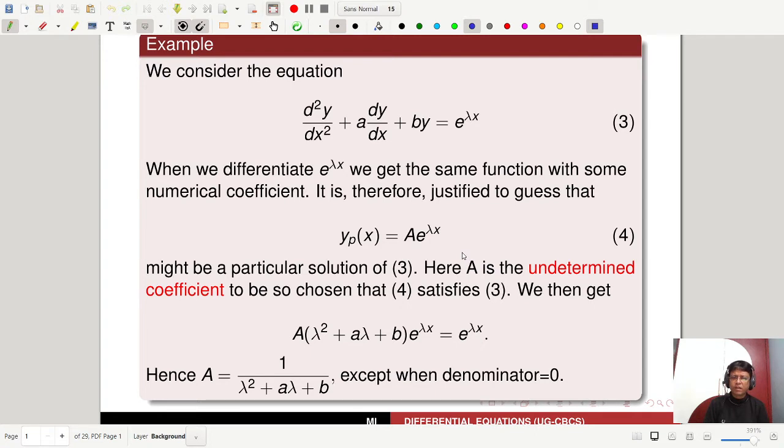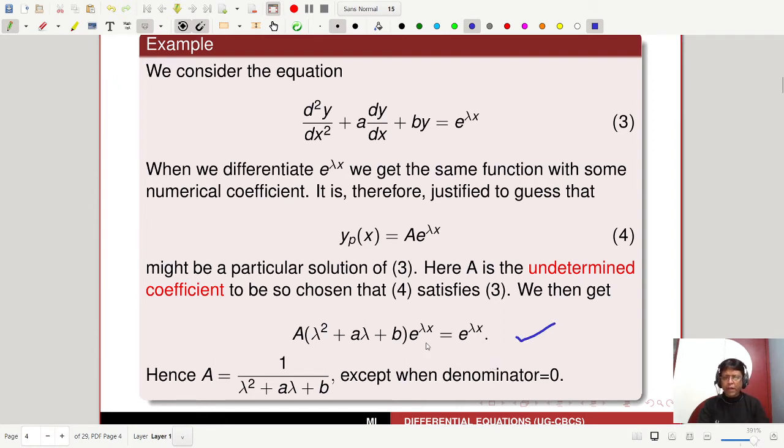Right? We then get, if you substitute in 3, the double derivative of A e to the power lambda x will be A lambda square e to the power lambda x. The first derivative of A e to the power lambda x will be A lambda, times a, e to the power lambda x. And the last one is b A e to the power lambda x. So you will arrive at this type of equation.